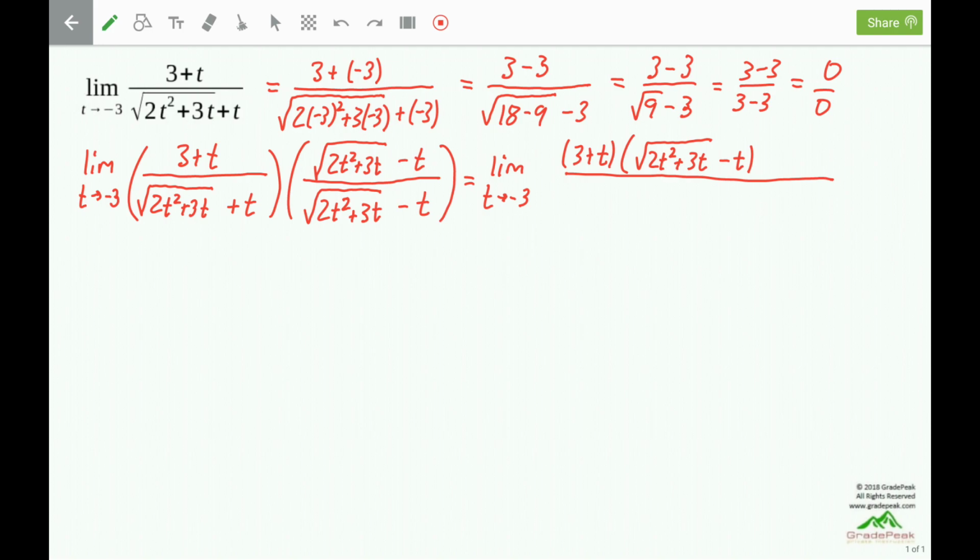First, root of 2t squared plus 3t times root of 2t squared plus 3t will become 2t squared plus 3t. Outside, root times -t will be -t times the root. Inside, positive t times the root.